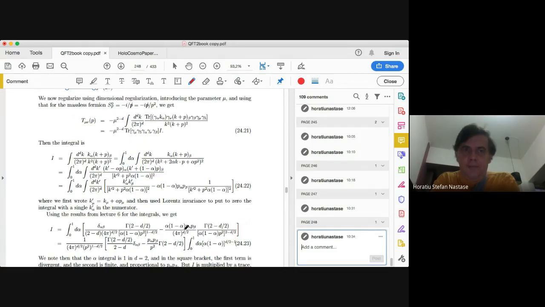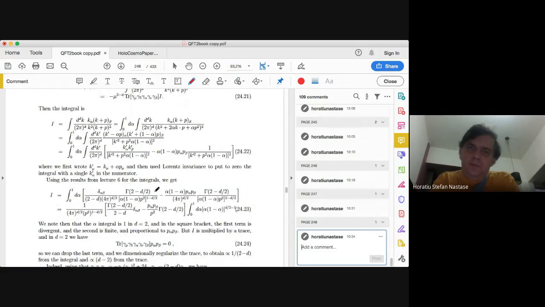But as we know, we did this analysis in lecture 6, and we've seen that, by Lorentz invariance, this is proportional to delta alpha beta, and then we can do the integral. We got this result, which was divergent.